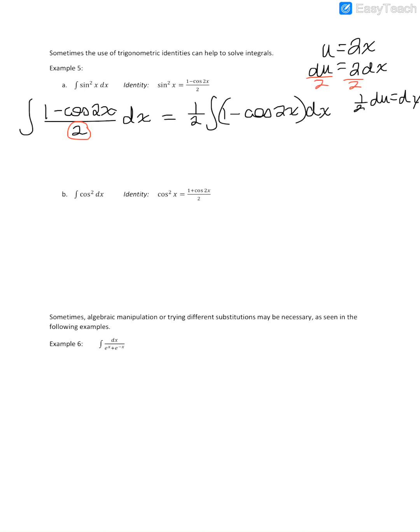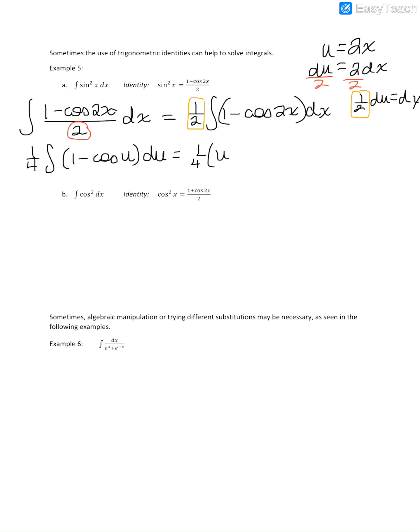All right, let's sub it in. Since I have this extra 1/2, I'm going to combine that with this 1/2. It's going to become 1/4 integral of 1 minus cosine of u du. And now I'm ready to integrate.